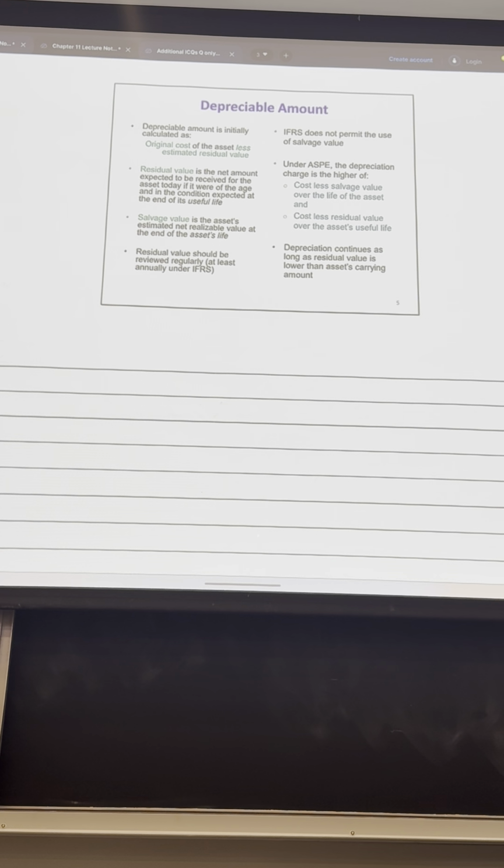So let's break down the definition, okay? For IFRS, it says that the depreciation expense is going to be the cost minus residual value. What is residual value? It's the value that we're going to receive at the end of its useful life.